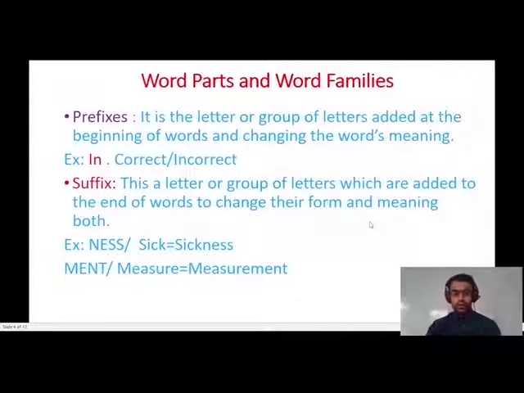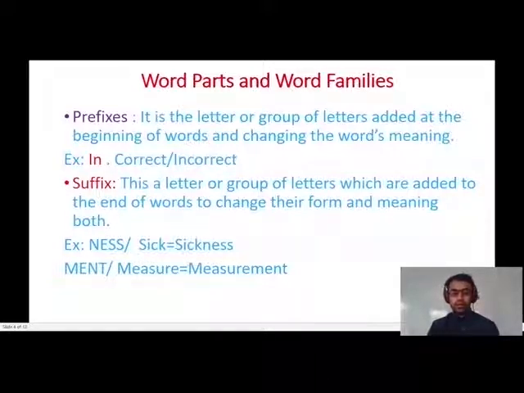So what's a prefix? A prefix is a single letter, or maybe a group of letters, which can be added to the beginning of a word, and usually it changes the word's meaning. For example, the prefix in added to the word correct changes it to incorrect, which means the meaning is changed.